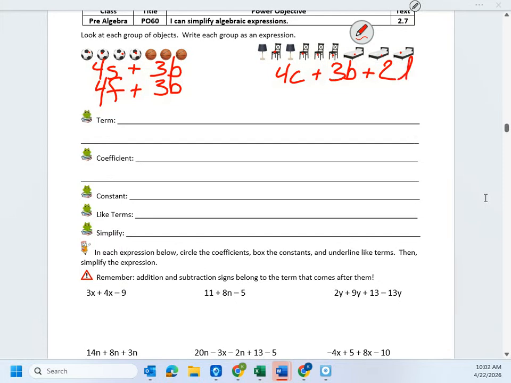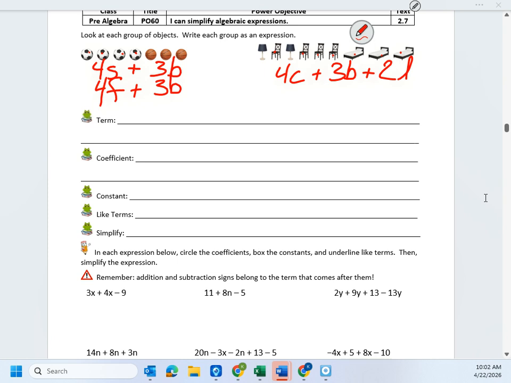Perfect. You can only combine the like terms, the same things. We can't combine a lamp and a bed and call them the same. Okay, does that make sense? You can only combine the same things.